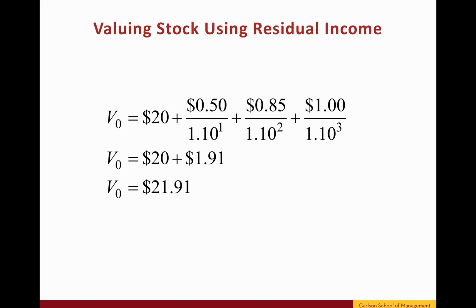So under the residual income method, my components also include the $20 for the beginning book value of our equity. If I sum up the beginning value for our equity of $20 and the residual income calculated of $1.91 discounted back to a present value today, under the residual income method, the value of my stock per share is $21.91.